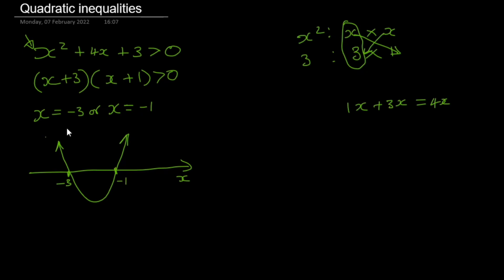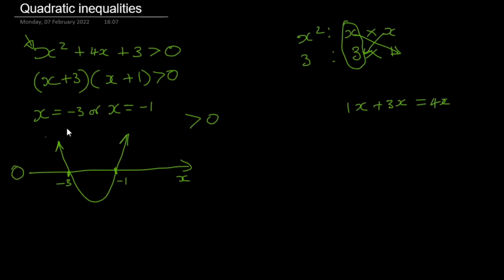Now, how do I decide where my inequality lies? Where my solution lies. So the sign says greater than 0. If it says greater than 0, what that means is look for the side where the graph is above the x-axis, because the x-axis is where the value of y is 0.